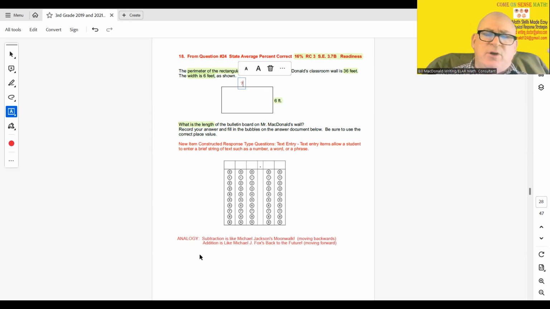And the analogy that I want you to write down if you get a chance is subtraction is like Michael Jackson's moonwalk, moving backwards, which many kids struggle with. And addition is like Michael J. Fox's Back to the Future, moving forward.